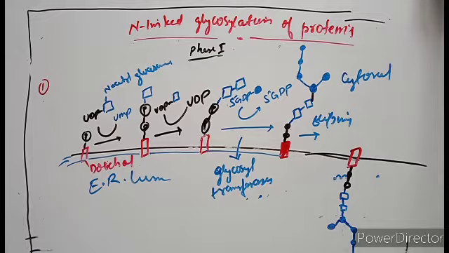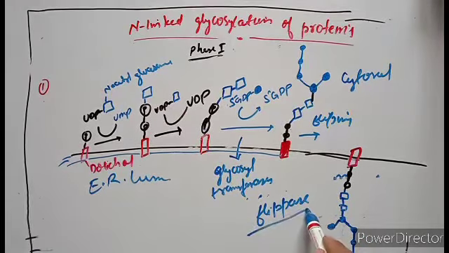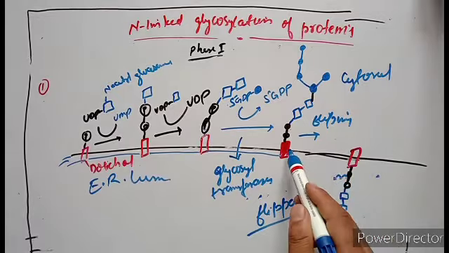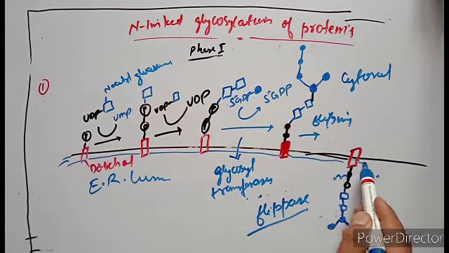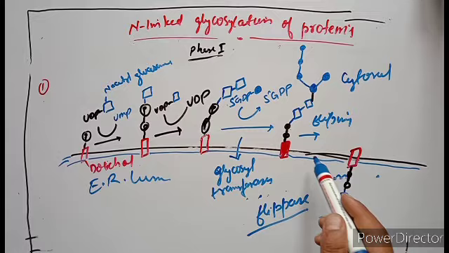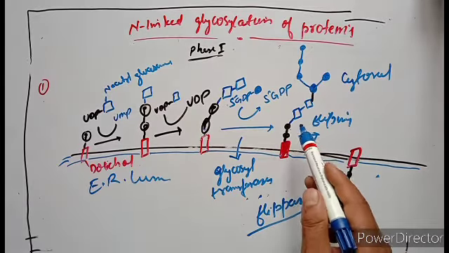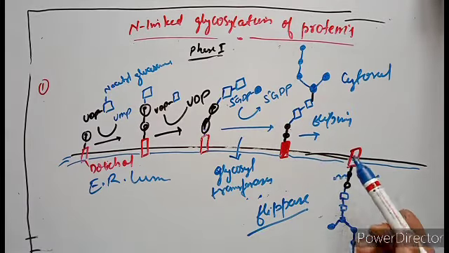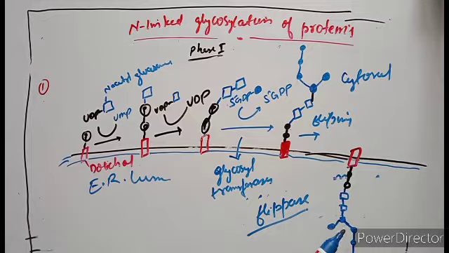How it flips is poorly understood. Still work is going on, but it is suggested that an enzyme known as flippase is responsible for the flipping of this dolicol lipid along with the sugar residues inside the endoplasmic reticulum.